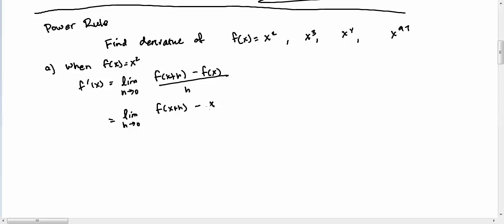Wait. So if f of x is x squared, then wouldn't this be x to the third power? No. What you're asking about is if I plug in something different, like, if f of x is equal to x squared, what is f of k?